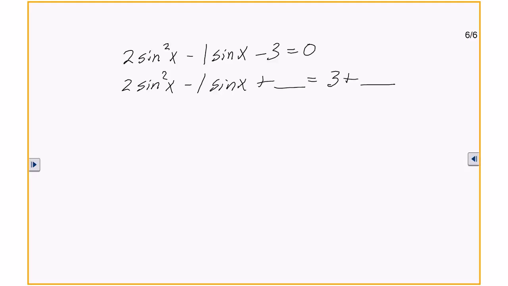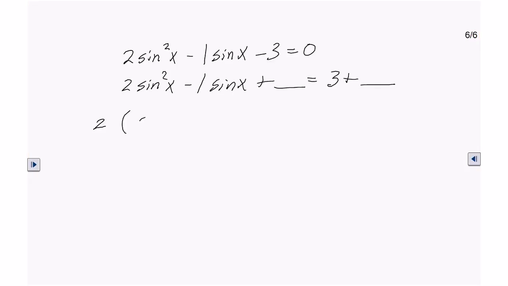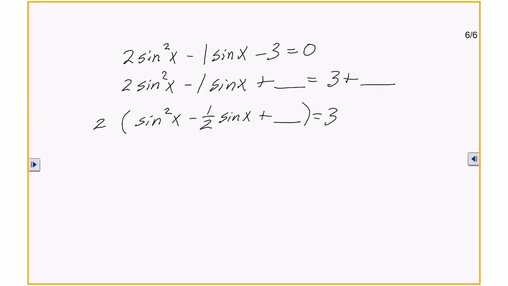Factor out a 2, and that'll give you sine squared of x minus 1/2 sine of x plus blank is equal to 3 plus 2 times blank.